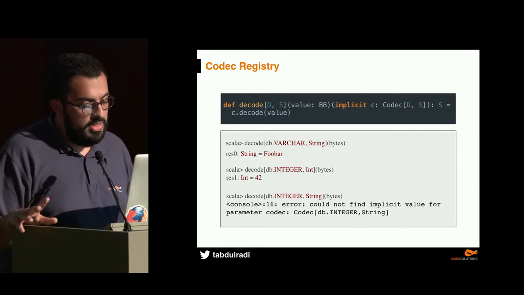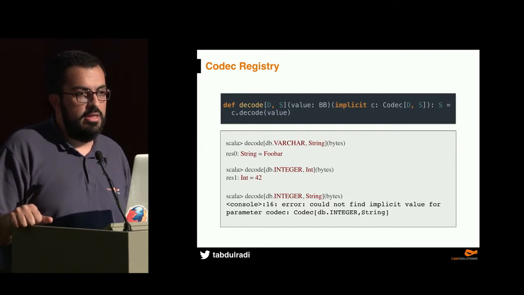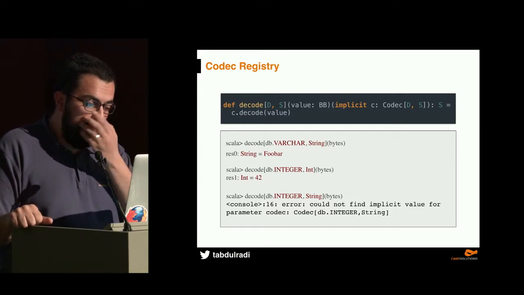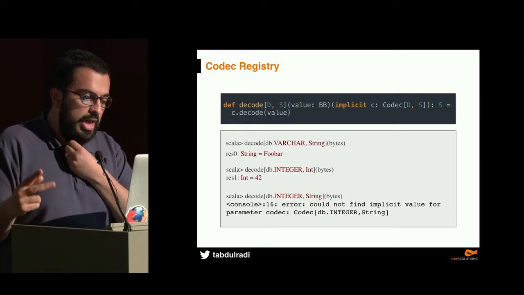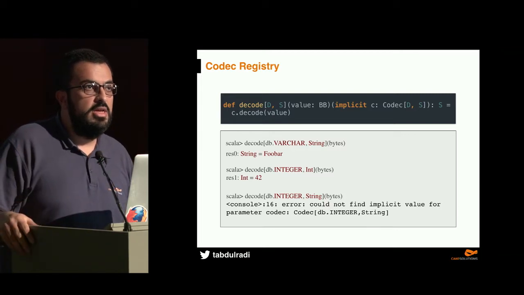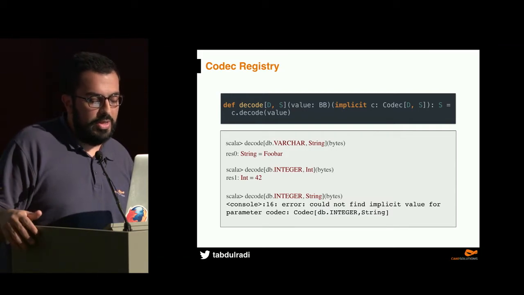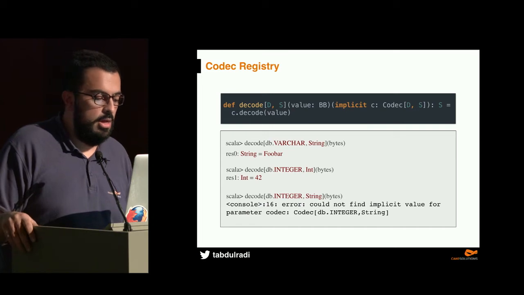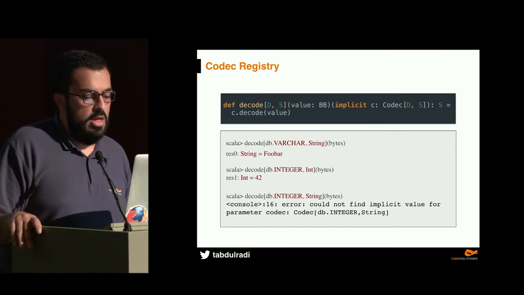Right, so this is cool, but I would like to improve on it a little bit. My first problem here is that specifying two types like varchar and string is a little bit verbose. We can work out one of them. You can't work out the database type.